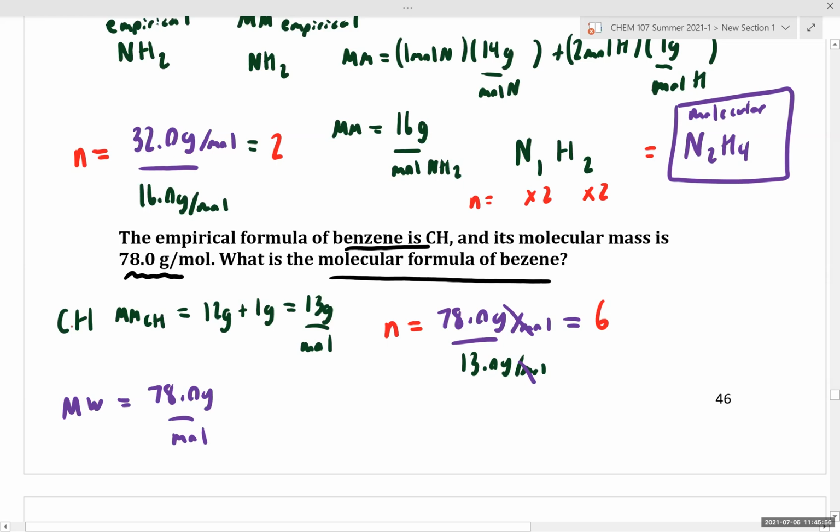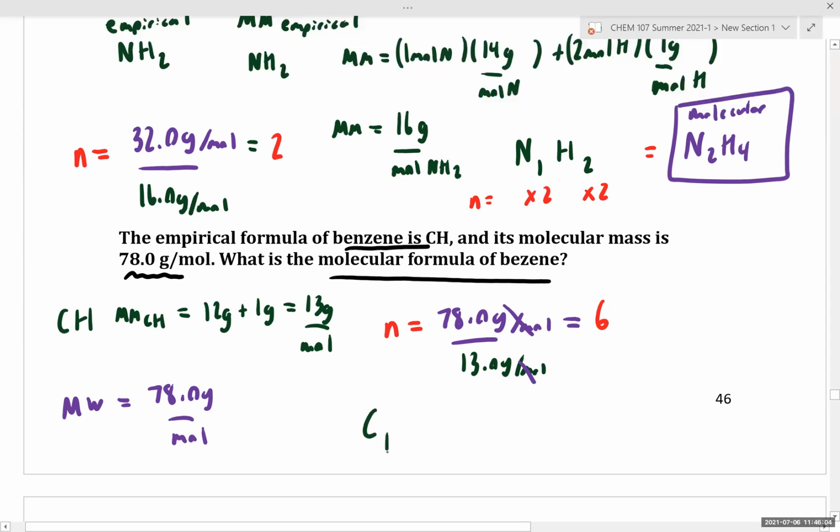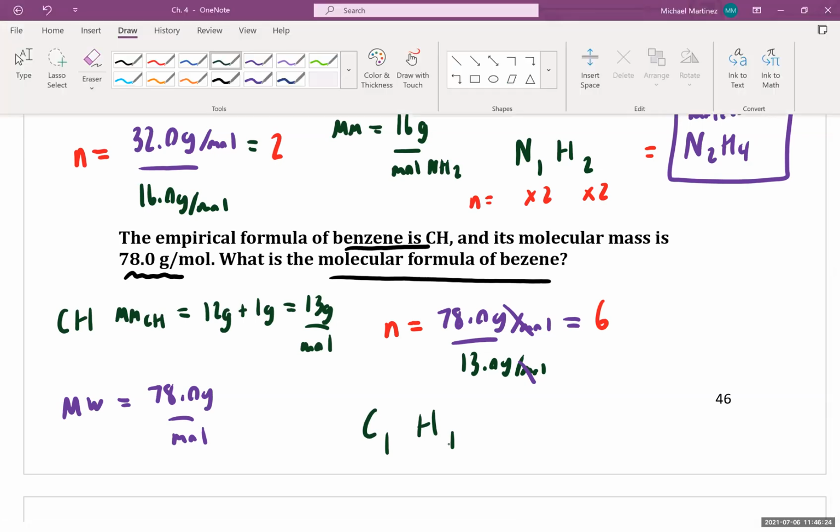Putting this all together, what is our final molecular formula? C6H6, exactly right.